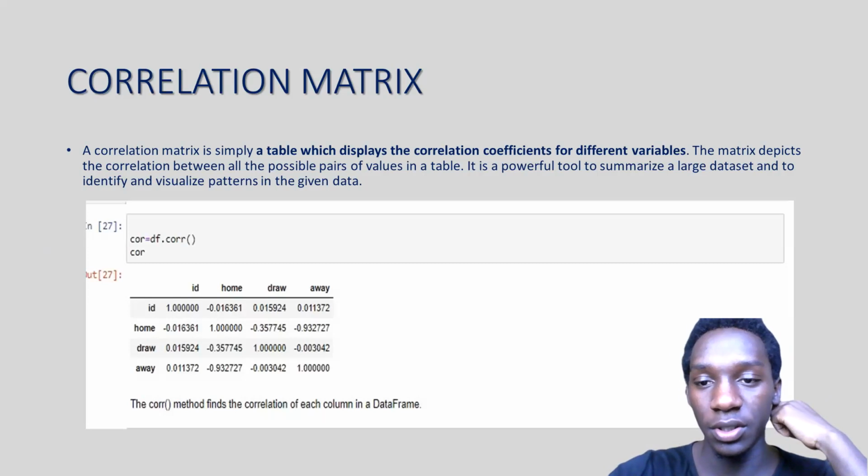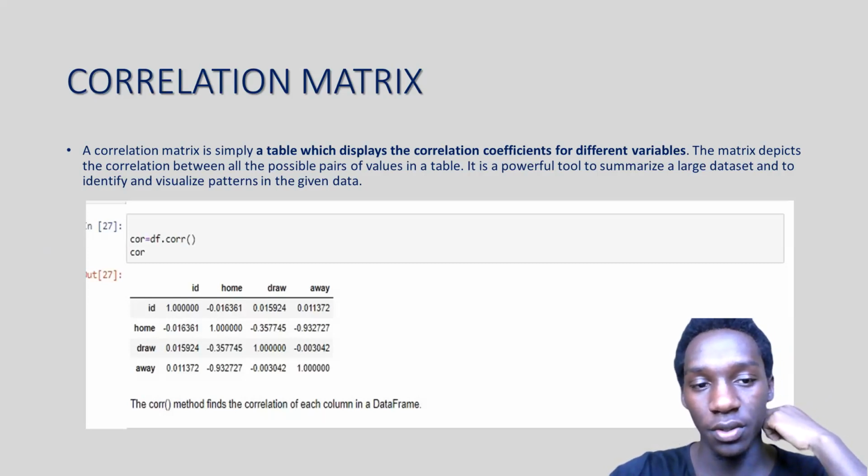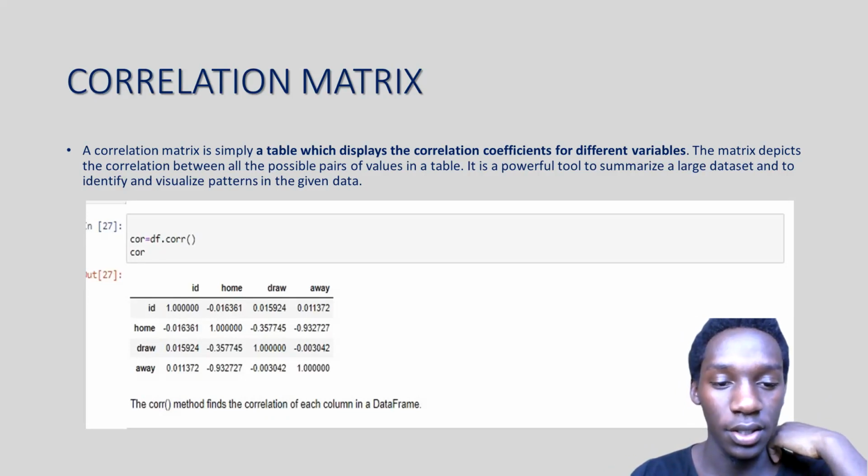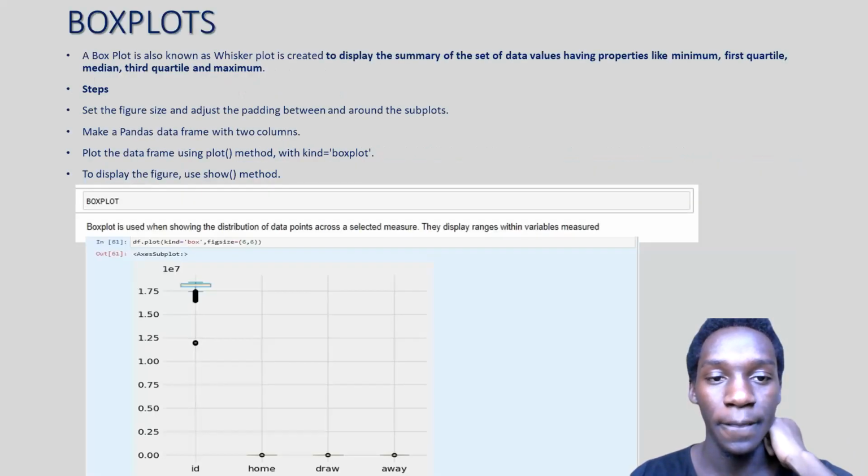It is a powerful tool to summarize a large data set and to identify and visualize patterns in the given data. So this is the code: corr equals df, our data set variable name, dot corr, and it comes out here. This is the method to find the correlation of each column in the data frame.